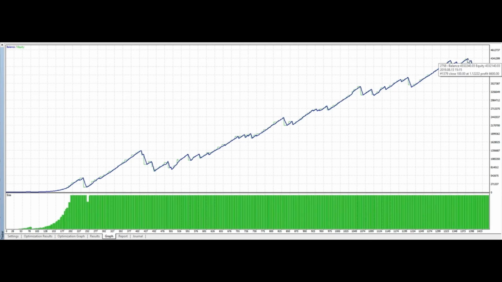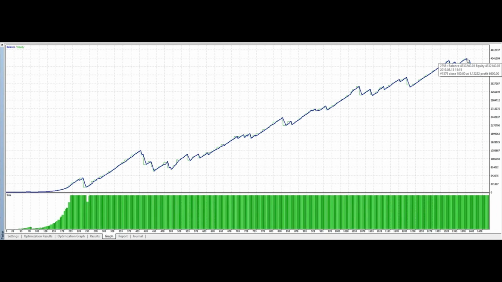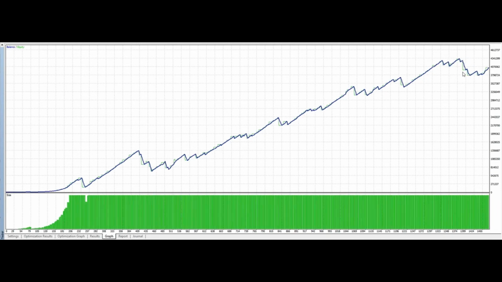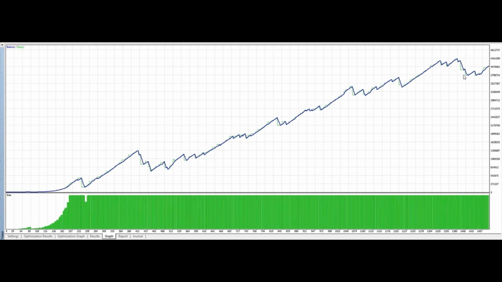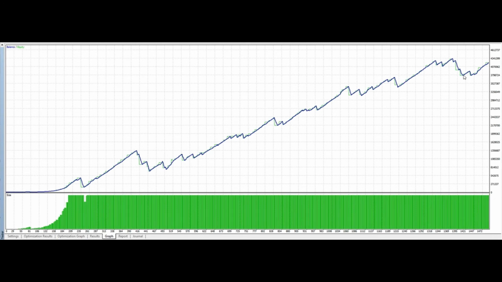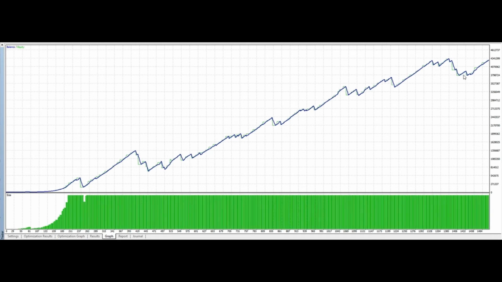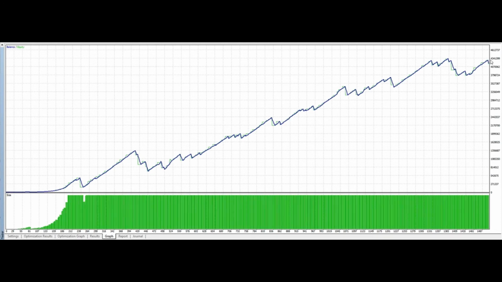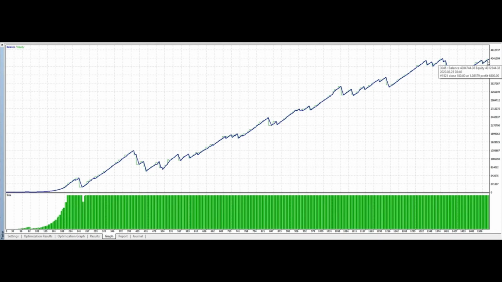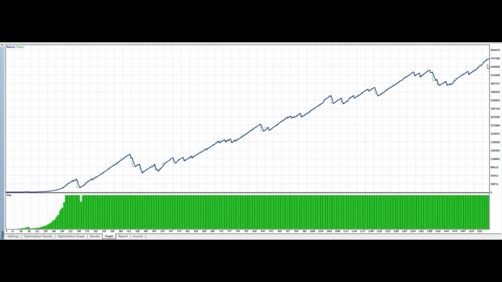It's a massive drawdown here. 4.3 million. It dropped down to 3.7 million. But if that's all profit, then you don't really care. And you see, it's gone straight back up again. It almost reached the peak again. Dropped right in there. Here it goes.